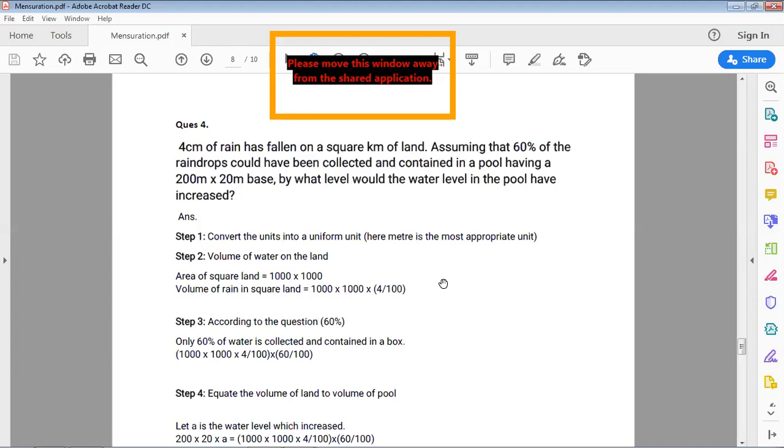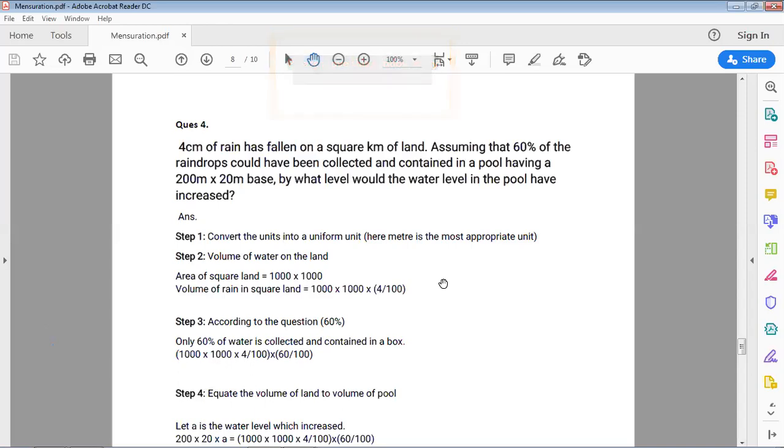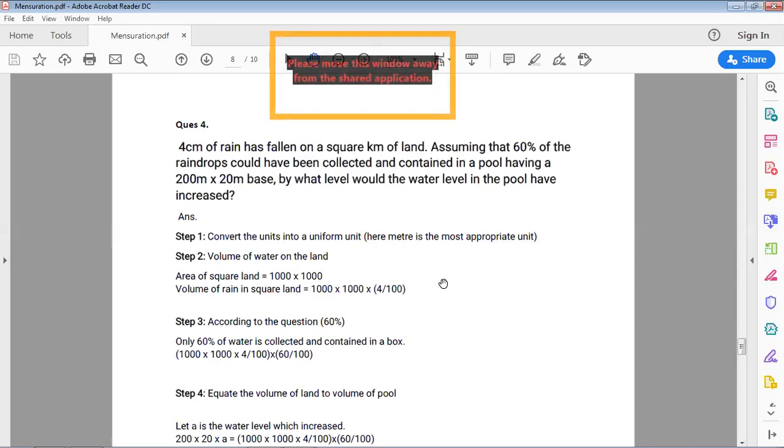We calculate the volume by multiplying it by height. The formula of the volume is length into breadth into height. We have length and breadth, that is 1000, and the height is the amount of rain that has fallen, that is 4 centimeter. So we first convert it into meters, that is 4 by 100, and we calculate the volume.